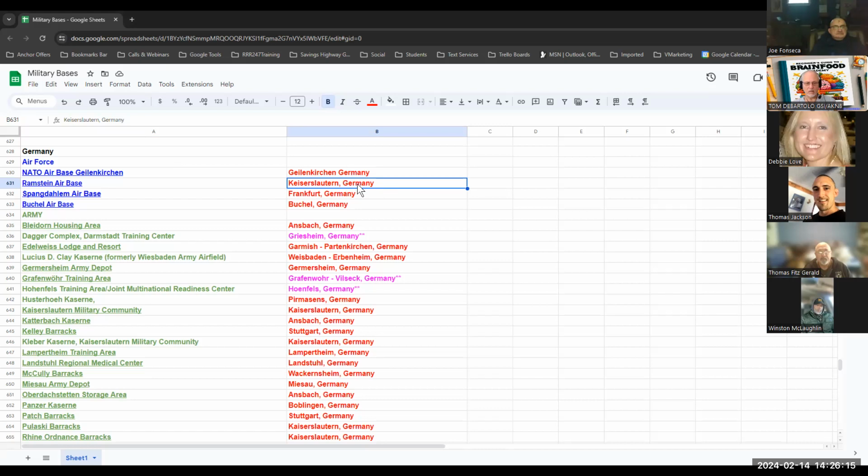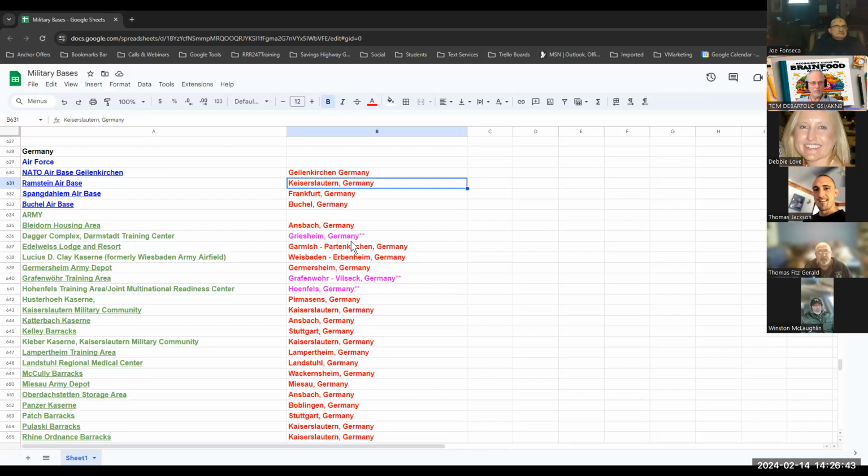So when you go to the ad site, you might be able to go to Germany and then the city that you want to advertise to. That's why everything is broken down with the cities out to the side.